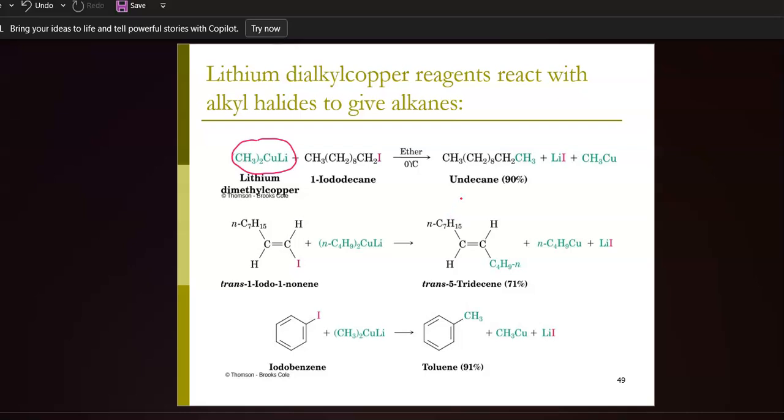So say for example, let me show you with a different example down here. Maybe you have CH3 2 copper lithium.